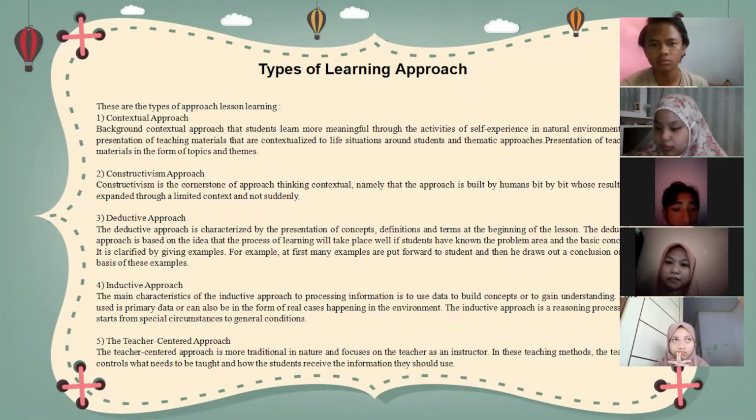The presentation of teaching materials is contextualized to life situations around students, and thematic approaches present teaching materials in the form of topic and theme. So the contextual approach is an approach that teachers use to give examples from the material based on the students' lives or the students' environment.